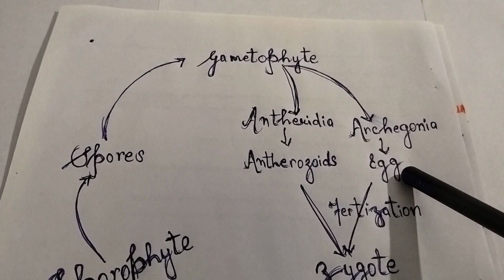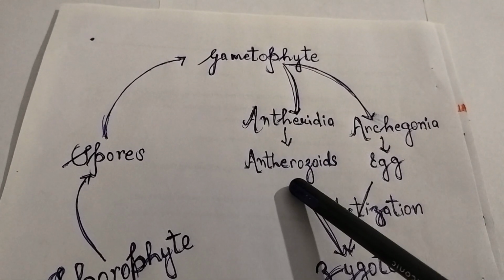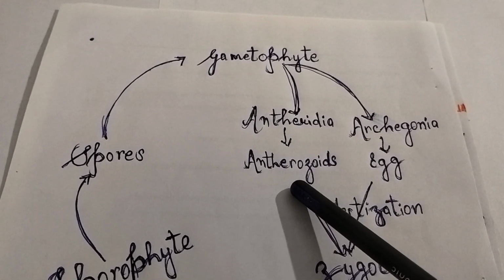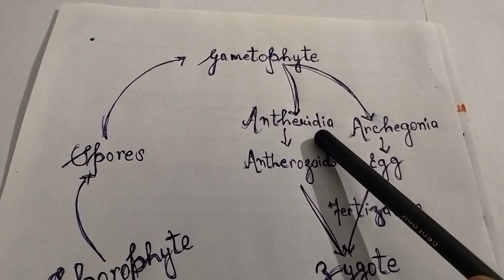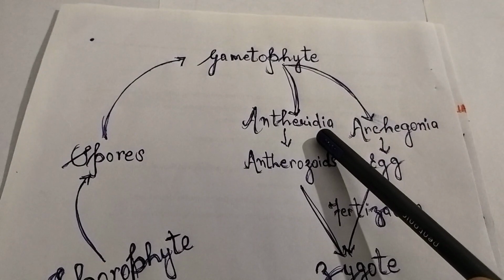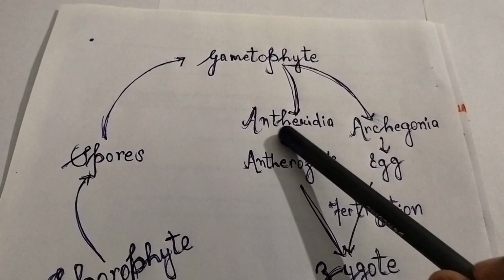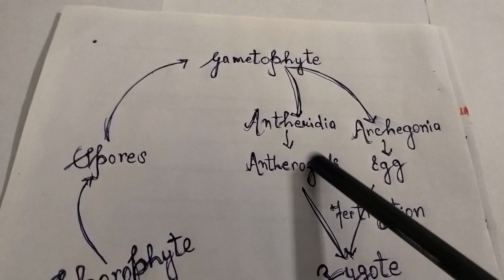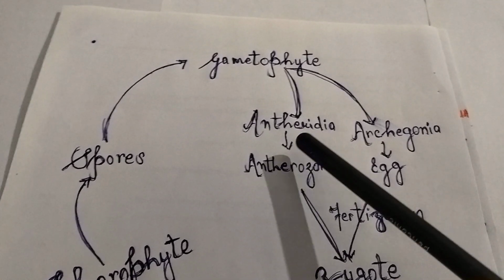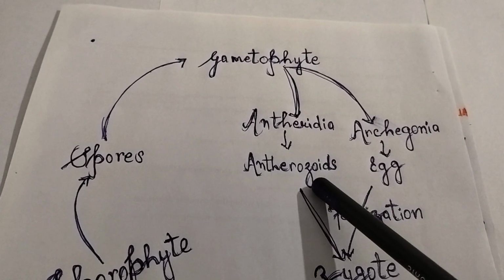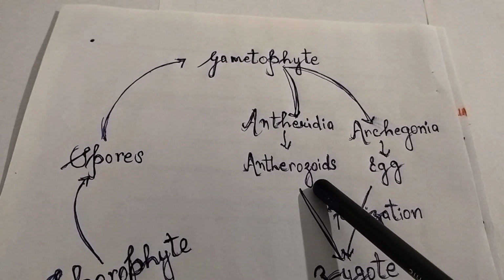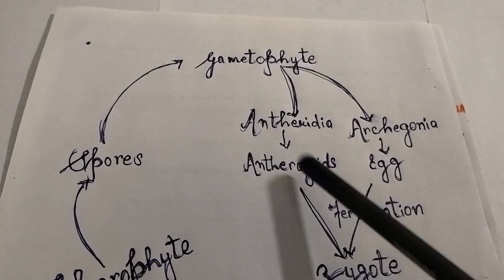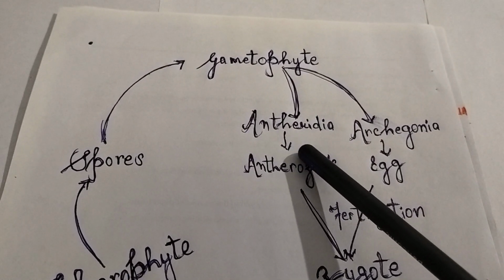So these antheridia produce antherozoids, which are male gametes, and archegonia produce the female gamete, which is called egg. Now what happens? These antherozoids, the male gametes, are produced in antheridia, the male sex organ, and now they are released, and now they will require water for their transfer. Okay, they require the medium of water.